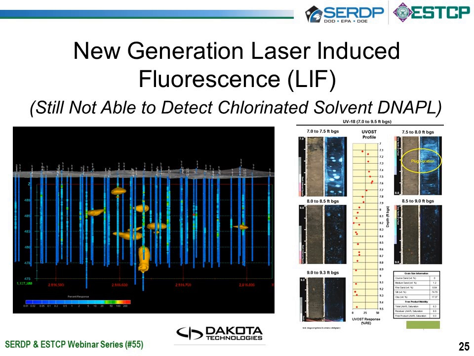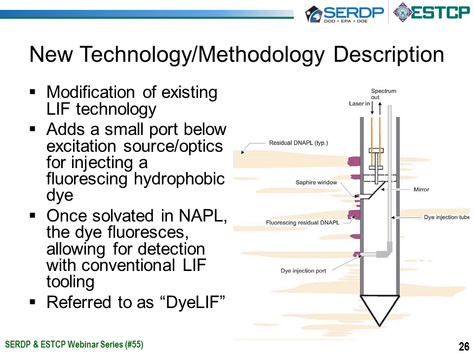So there's a whole new generation of LIF that's available, and it really has revolutionized our ability to delineate residual NAPL, providing that it has PAHs in it. So it hasn't included sites with chlorinated solvent DNAPL, unfortunately, until now.